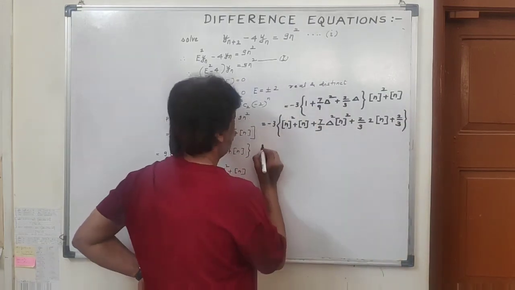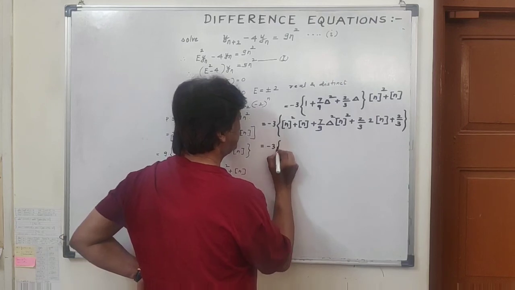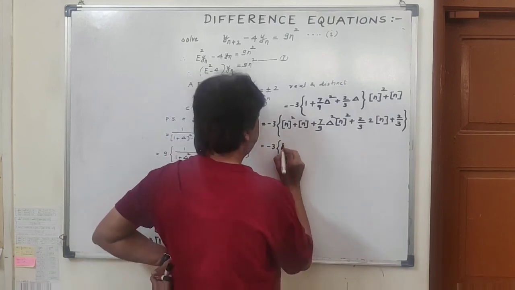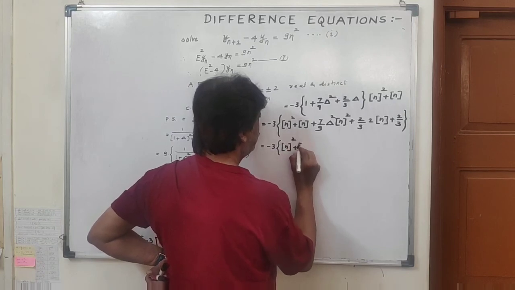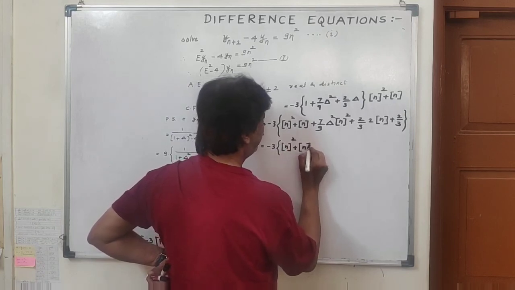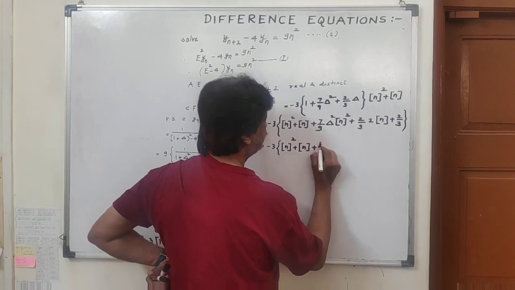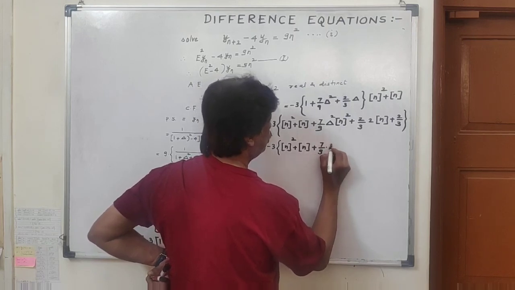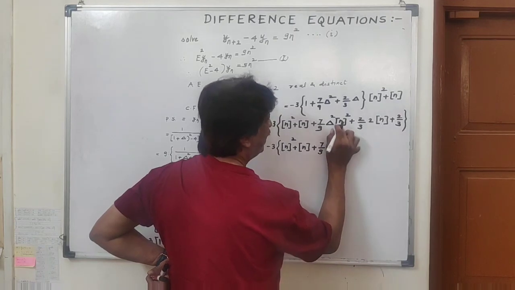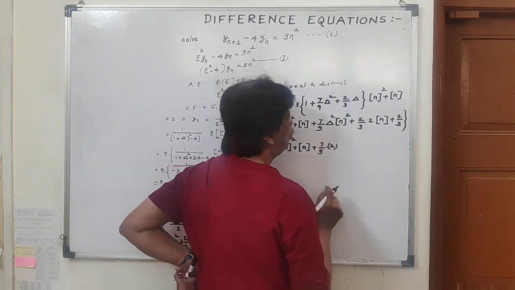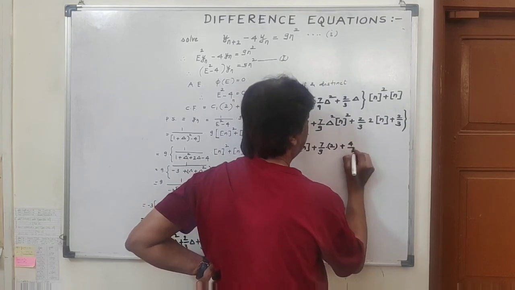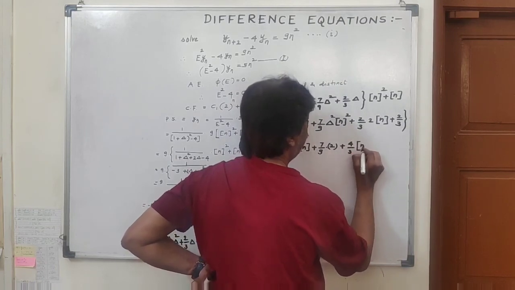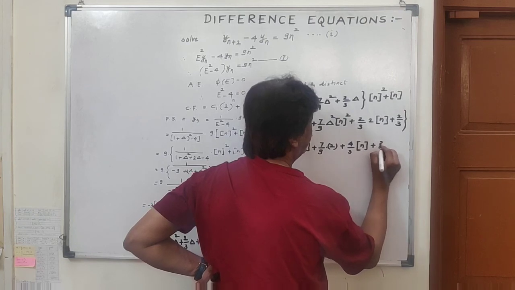So that is equal to minus 3 times factorial of n square plus factorial of n plus 7 by 9 into 2, second derivative of n square, it is 2, plus 4 by 3 factorial n plus 2 by 3.